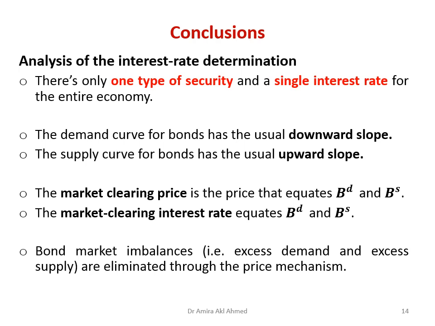The demand curve for bonds has the usual downward slope, implying that at lower prices of the bond, everything else being equal, the quantity demanded is higher. In contrast, the supply curve for bonds has the usual upward slope, implying that at higher prices of the bond, everything else being equal, the quantity supplied is higher.